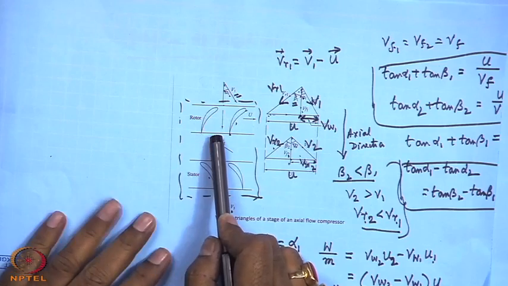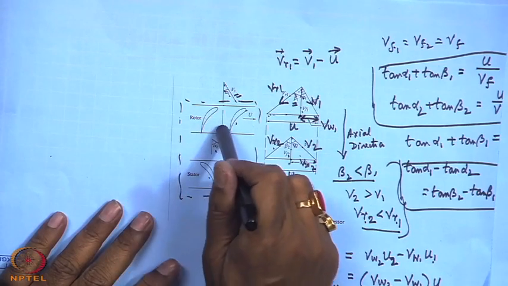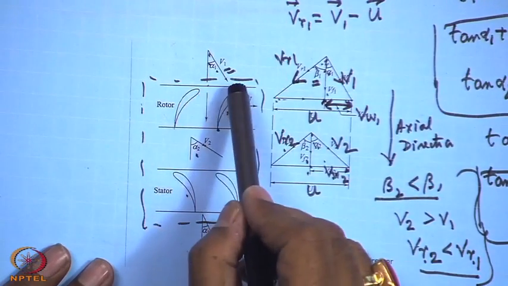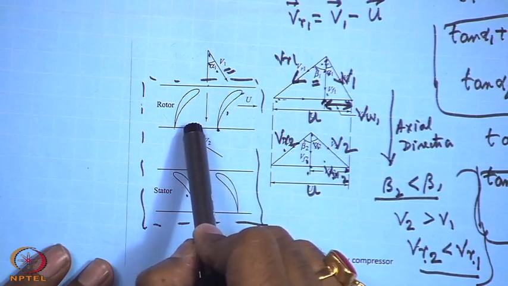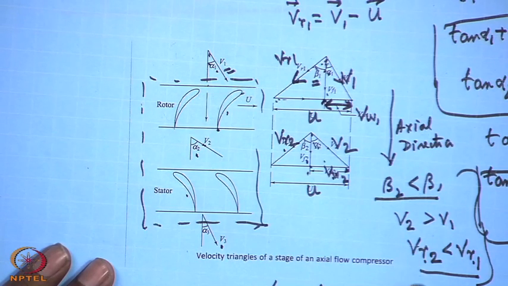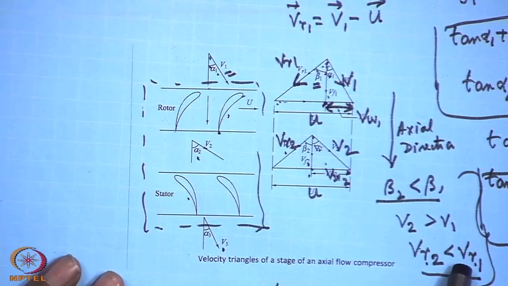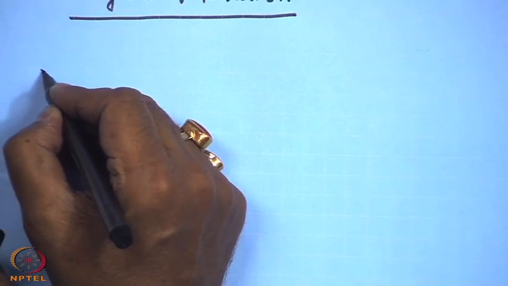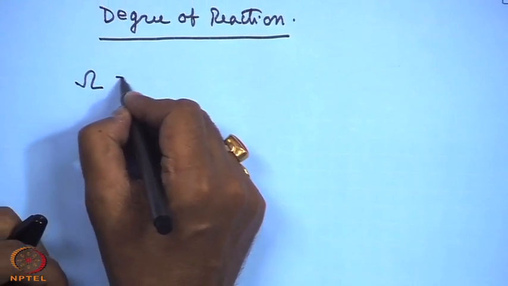So whether there is a change in the static pressure or not, that we will call the machine reaction type or not. Usually there is a change in static pressure and static temperature while flowing through the rotor. VR2 is made less than VR1, and therefore the question of reaction comes, and the degree of reaction in this context is defined this way.